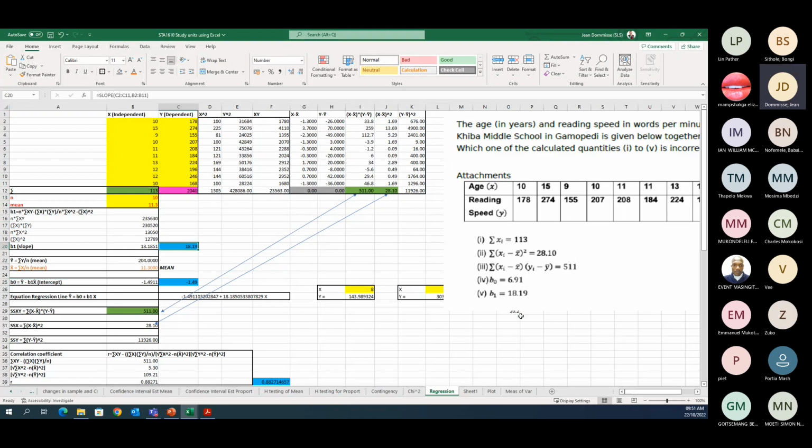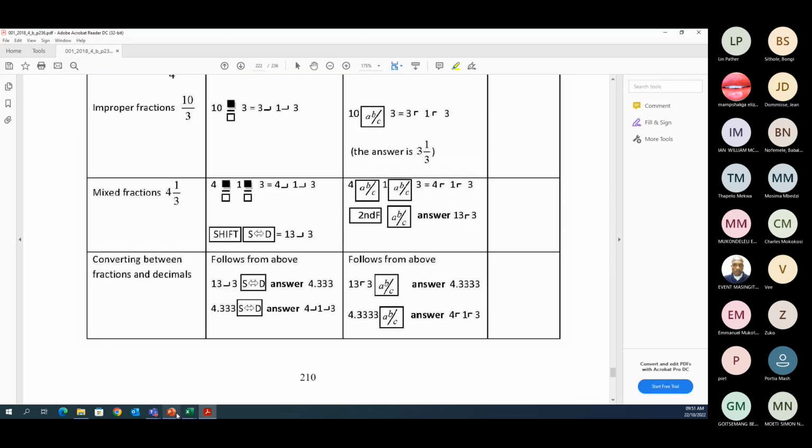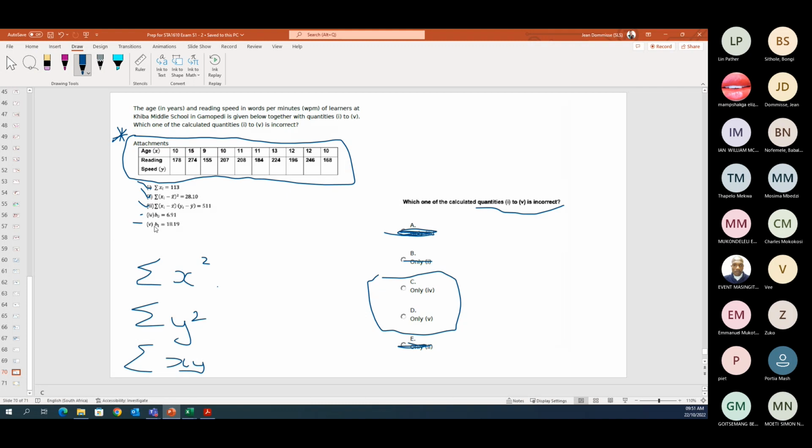So the slope B1 is 18.19. So 5 is correct. So that one would be the incorrect one.